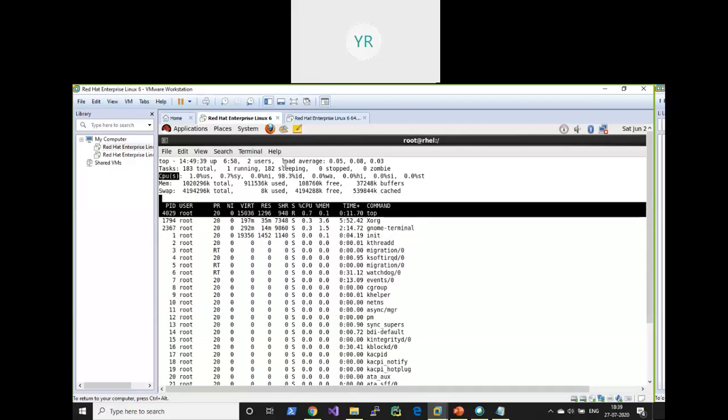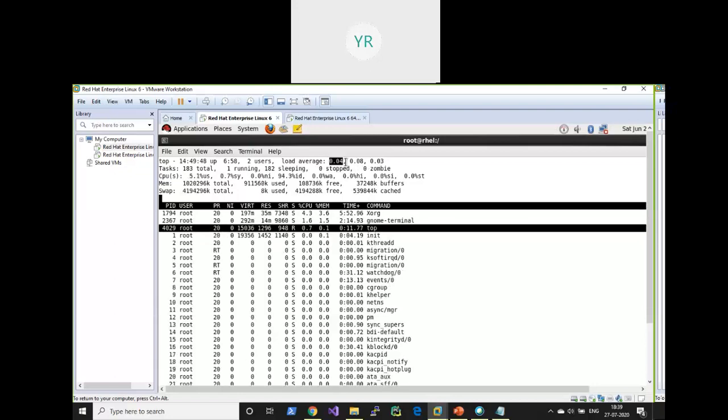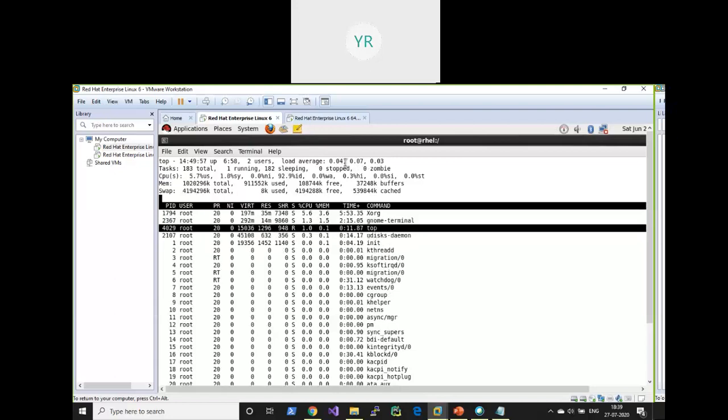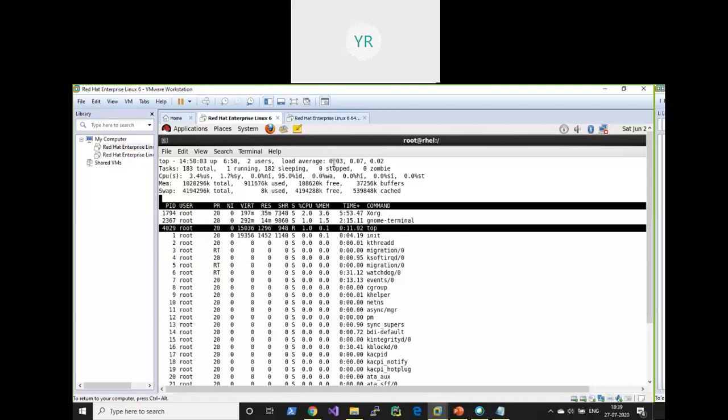Generally if it is near 1, it is consuming almost all CPU performance. If it is less, it is not taking that much CPU, the load on the CPU is lesser. Load average means you have multiple CPUs, that's why it gives an average. In real time that will work like that.